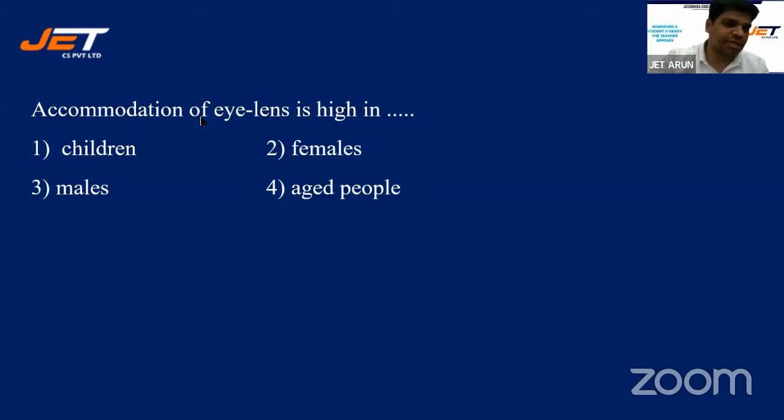The confusion, okay. Let's look at the key. Yes, children, students. Aged people get the defect. All right, and it has got nothing to do with females or males. Children, no, it is better. The accommodation of vision is relatively higher.